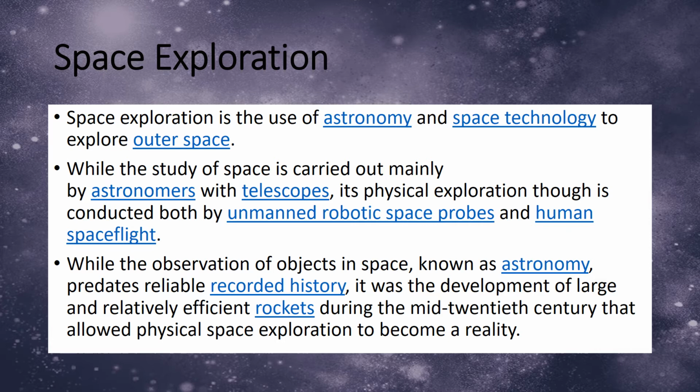However, in the 20th century, scientists and astronomers developed rockets which were able to go into space and let us know what the conditions were like, let us know what we needed, and helped us prepare for actual humans to become space explorers.